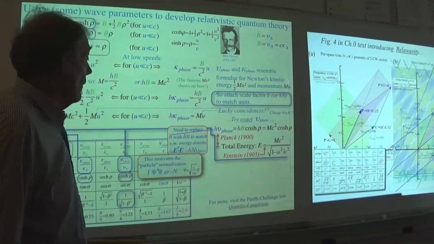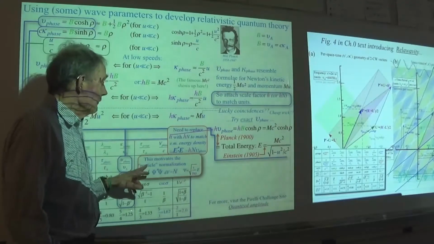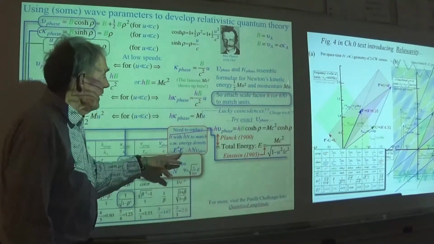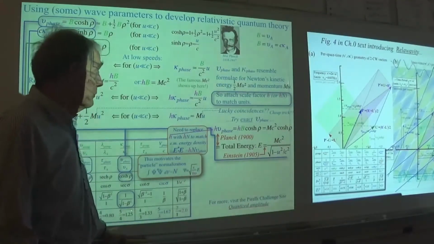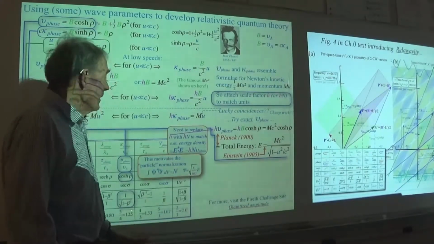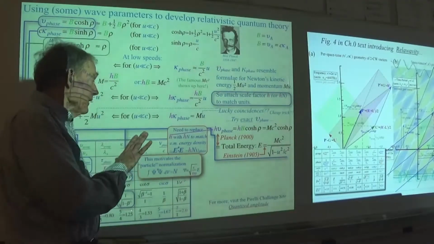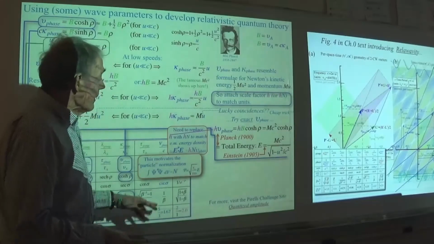Now, this also motivates the whole idea in quantum mechanics of normalization. So if you think of the psi as an electric field, which we have been doing without saying it too much all along here, and have this as an energy density, or you can make it a flux, you can do it that way too.